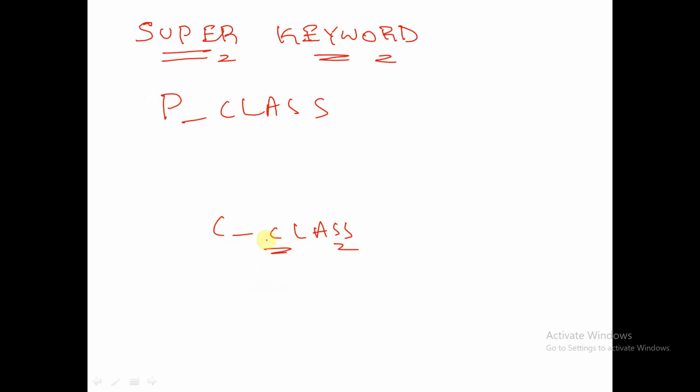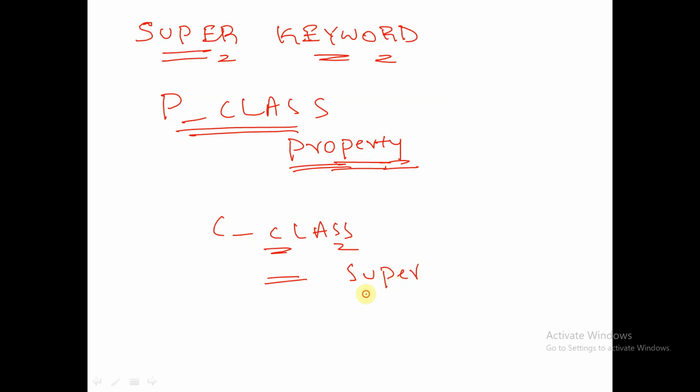Inside this child class, since this child class is already derived from the parent class, if we want to refer to any variable or property which is declared inside this parent class, we will use the keyword super. So super basically refers to the parent class. If we use this keyword super, it will refer directly to the parent class.